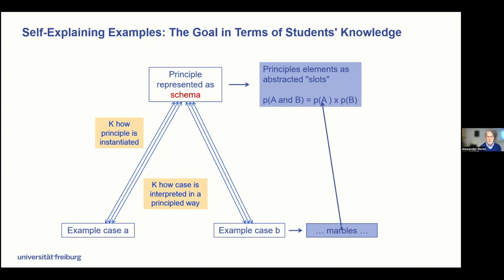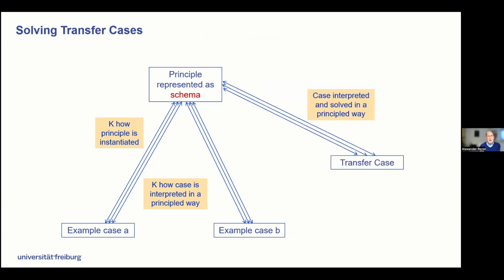And the principle represented as a schema means that they understand that the P of A or the P of B can represent different things, can represent marbles or whatsoever in different problems. They do not just have superficial knowledge where they think that A or B must always be certain things. And if students are very good, that's more the expert way.